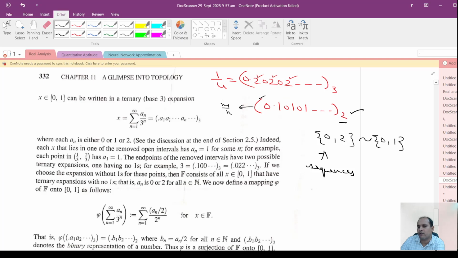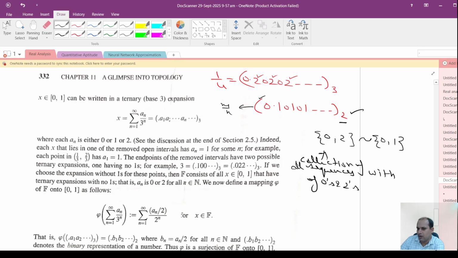The collection of all sequences of zeros and 2s is similar to the collection of all sequences of 0 and 1, because we know that every real number in the closed interval 0 1 is uncountable, and that can be represented in binary form using the digits 0 and 1.